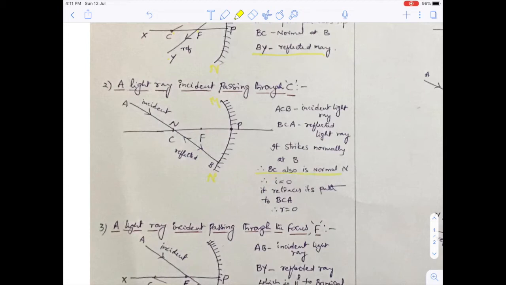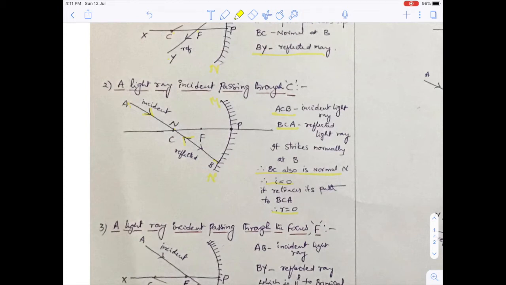Therefore the angle of incidence is 0 and the angle of reflection will be 0 and it retraces its path. So BCA. I have shown you the direction of the incident light and the reflected light, which means it retraces its path. So ACB is the incident light, BCA is the reflected light.